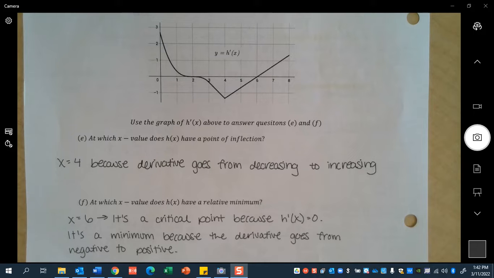So instead of it getting smaller, smaller, smaller, all of a sudden it starts getting less negative. So my derivative goes from getting smaller to starting to get bigger, bigger, bigger. And that means that there's going to be a point of inflection.